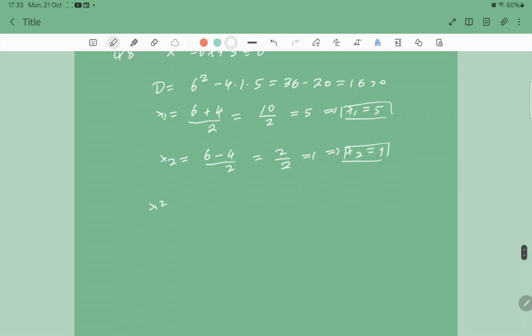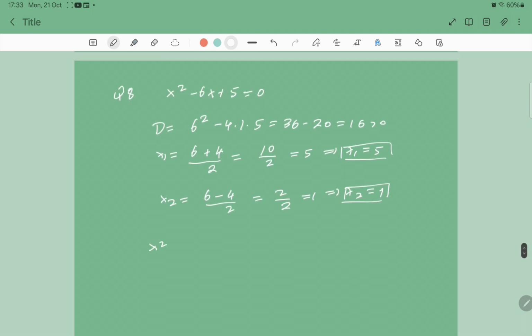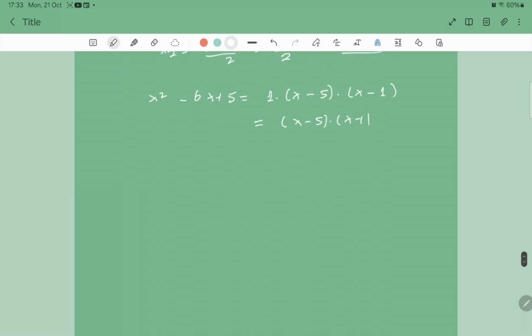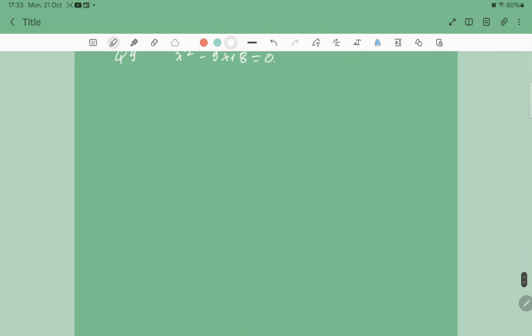So I can factorize this polynomial as follows. 1 times x minus x1, which is 5, times x minus x2, which is 1. Finally, I obtain x minus 5 times x minus 1. Let's go, we have two more.